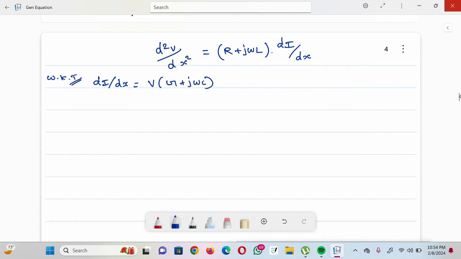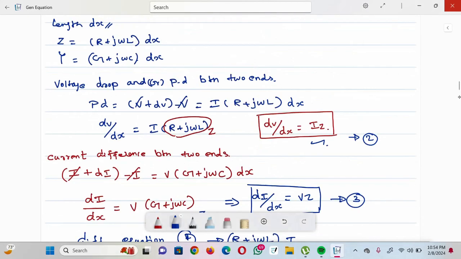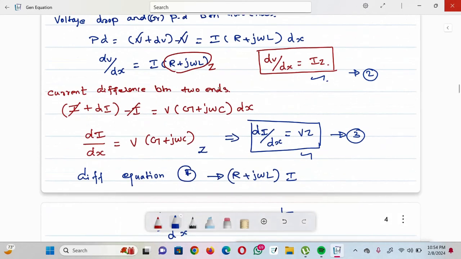Now I am going to differentiate equation number 2. Already we know that equation number 2 is dV by dx equal to I into (r plus j omega L). Here we shift to dI by dx.